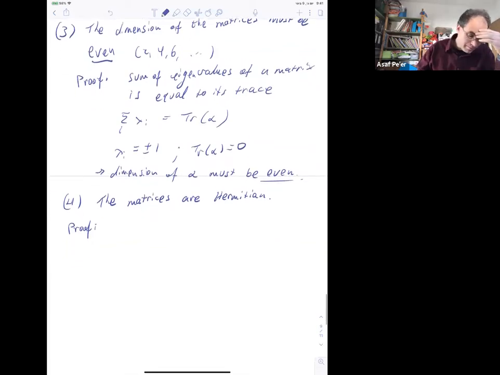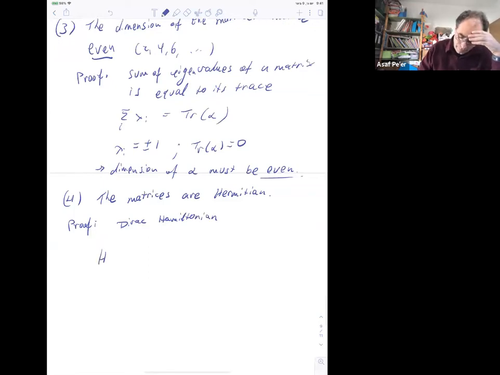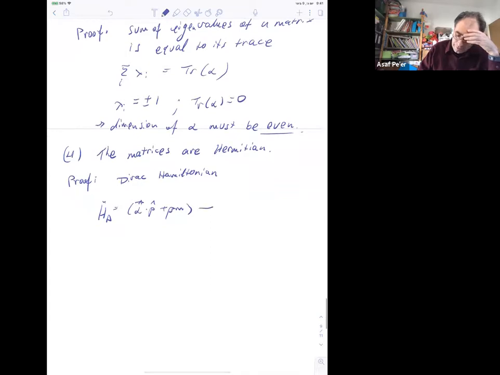A real wave function. So the Dirac Hamiltonian, as Dirac defined it, H_Dirac = alpha dot p plus beta m, is Hermitian, because we need to have real eigenvalues.